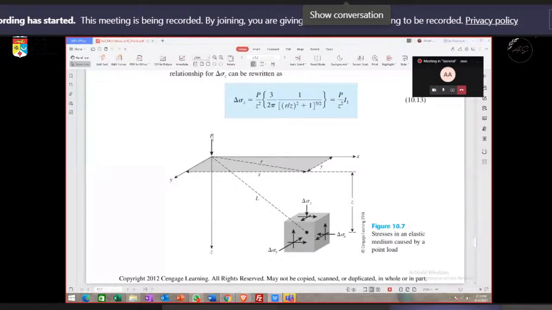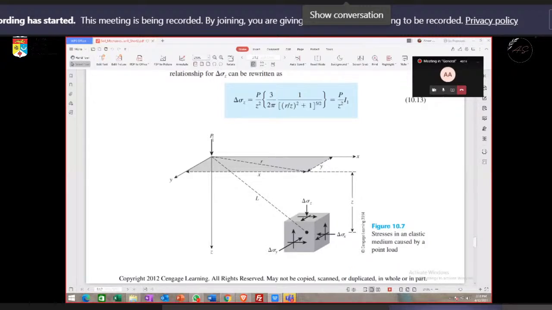So in real life, it could be like maybe a pole for advertisement, where we can see advertisement outside. There are two poles, so we can consider that as a point load.